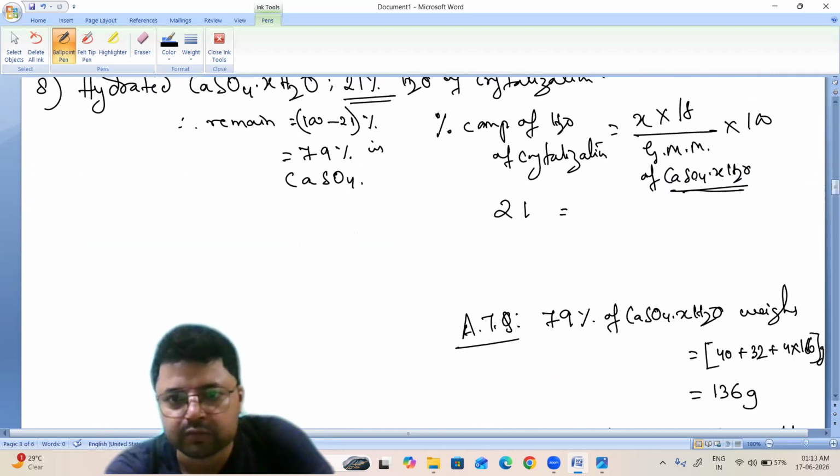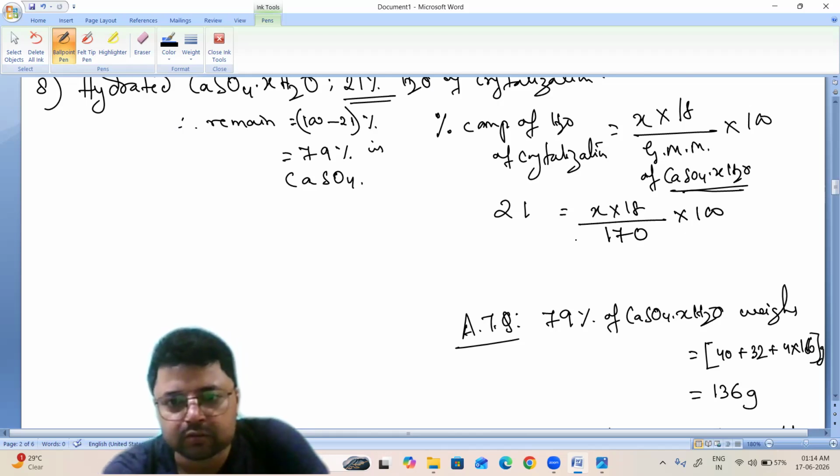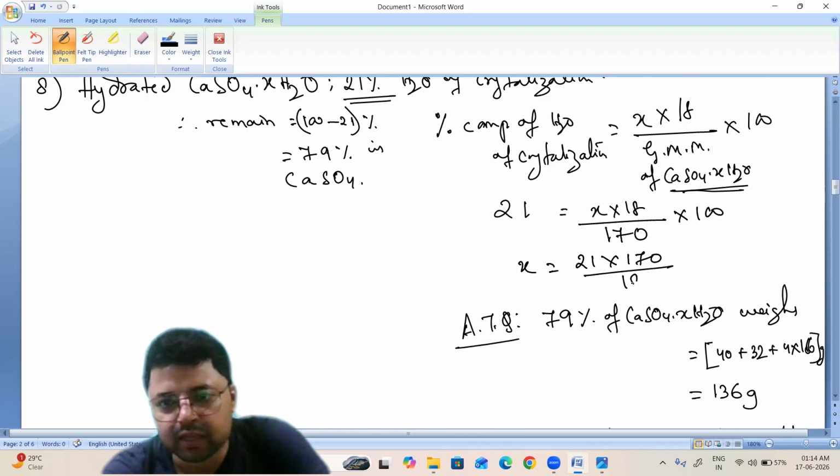Why did I leave this here? Put this value here: 21% equals X times 18 divided by the gram molecular weight, which we have calculated as 170, times 100. Now X will be 21 times 170 divided by 18 times 100.